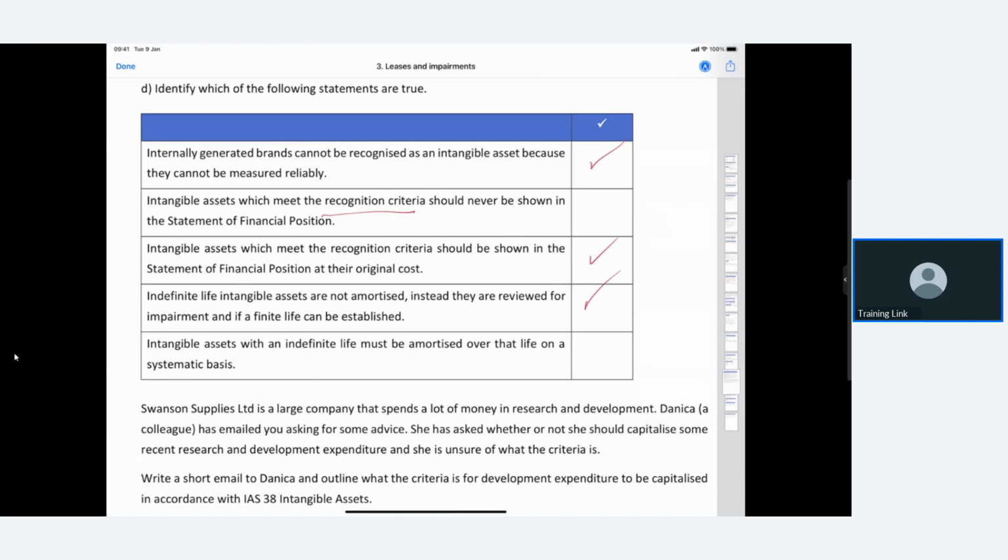Intangible assets with an indefinite life must be amortized over that life on a systematic basis. Well, that isn't necessarily true, because for a start, we would look to impair them rather than amortize them. So that would be false.